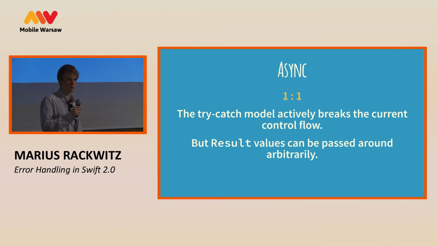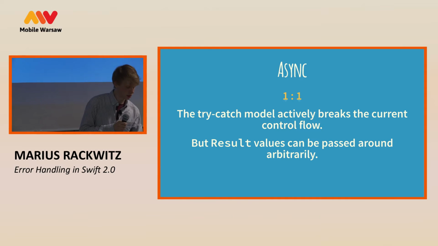You can take it as a parameter from closures, and you can use monadic composition, map them, flat map them, whatever you want, and chain code together in that way, and you're very flexible with that. You can do that with errors as well, but not as well for asynchronous situations.